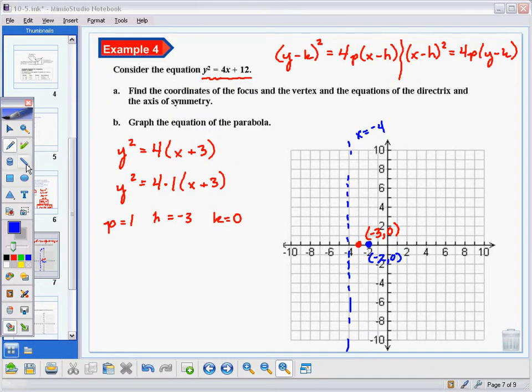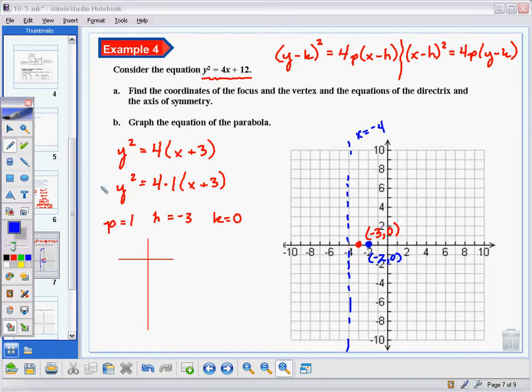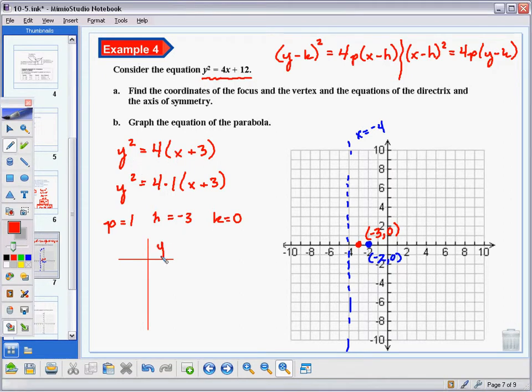Now let's go ahead and create a little xy table to get a couple points on this parabola. Noting that the y is the squared term, it may be easier to plug in some y values and get out the x's. So let's do that. I'm going to plug in, let's say 4 for y, and then I'll go back to maybe this first equation up at the top here.